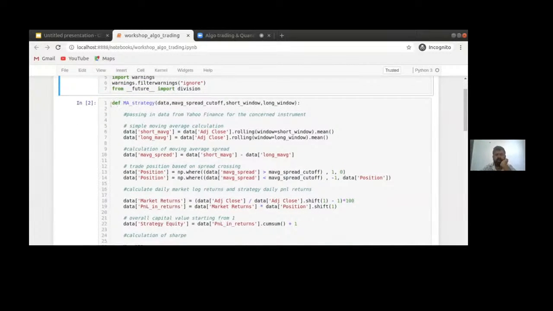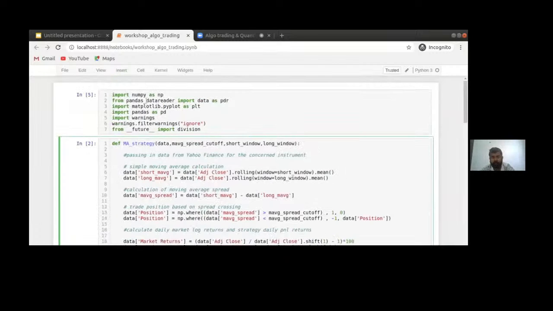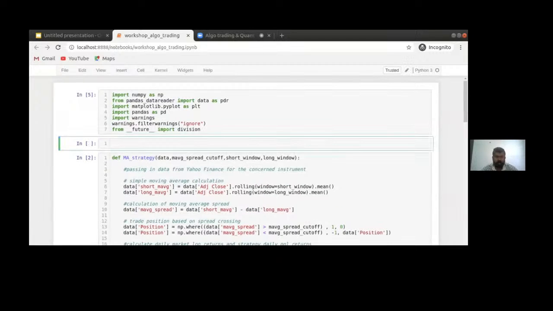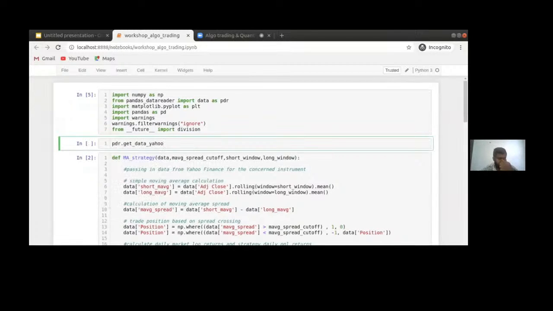The next cell is where I've written my function. One doubt: can people get minute by minute data from Yahoo? No, minute by minute data is not available from Yahoo. There may be some other source, but Yahoo is not giving minute by minute data.